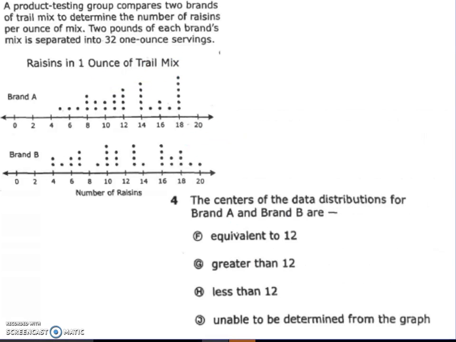Okay, the last one. The center of the data distributions for brand A and brand B. Remember, center is a key word for median. To find median, we have to cross off till we get to the middle.